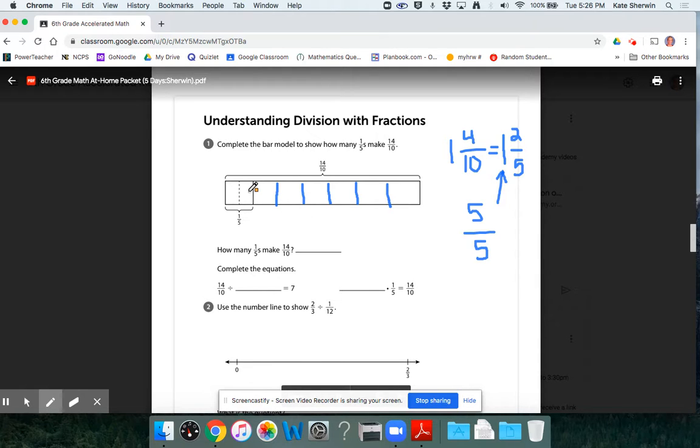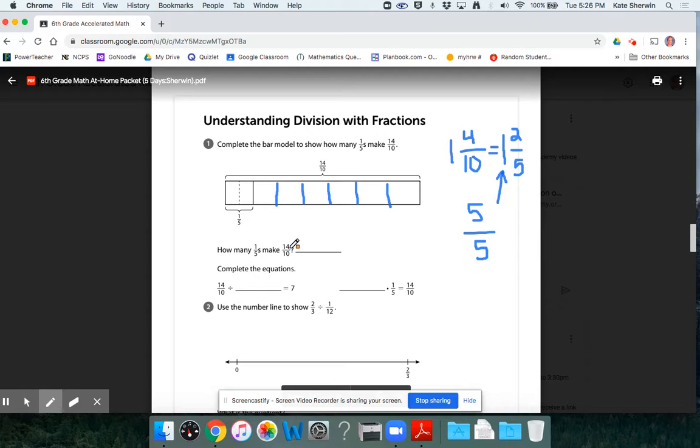So here's 1/5, 2/5, 3/5, 4/5, 5/5. That's one whole. 1 and 1/5 or 6/5. 1 and 2/5 or 7/5. So that's what I've got there.